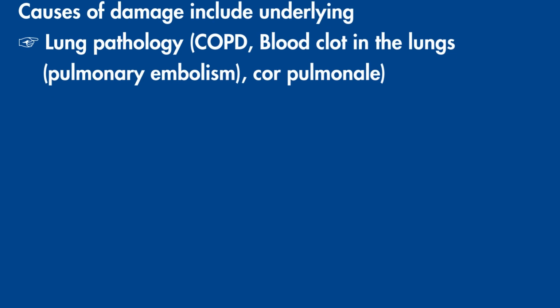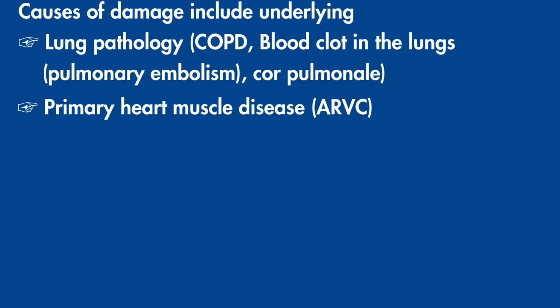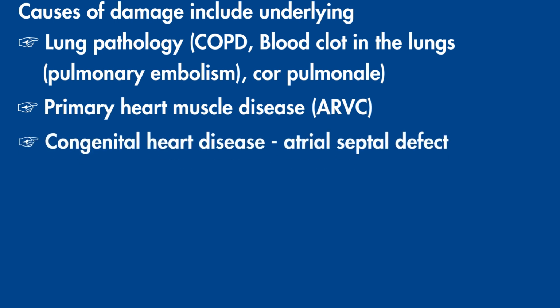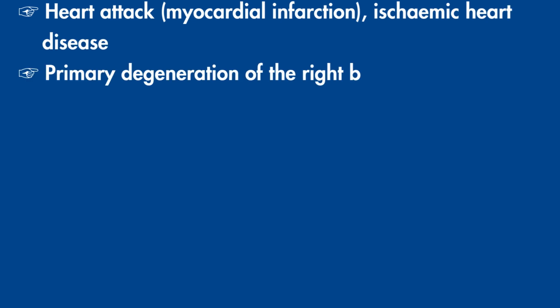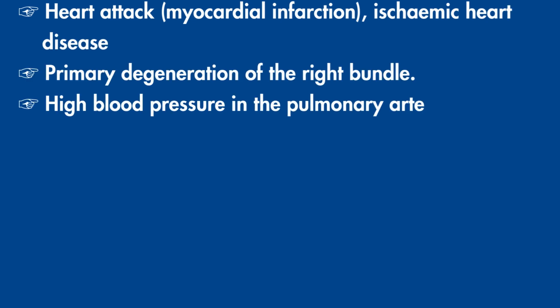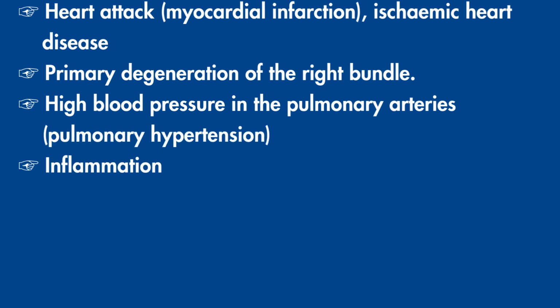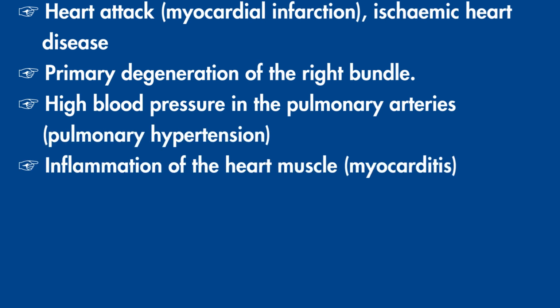Causes of damage include underlying lung pathology, that is COPD, blood clot in the lungs, that is pulmonary embolism, cor pulmonale, primary heart muscle disease, congenital heart disease, heart structure problems that are present at birth, such as a hole in the wall separating the upper chambers of the heart, that is atrial septal defect, heart attack, that is myocardial infarction, primary degeneration of the right bundle, high blood pressure in the pulmonary arteries, that is pulmonary hypertension, and inflammation of the heart muscle, that is myocarditis.